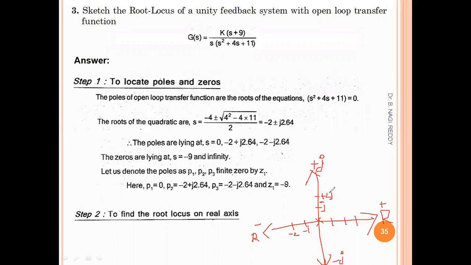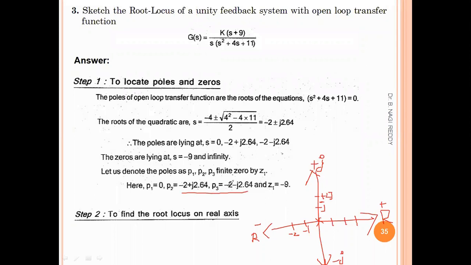Take an equal amount of scale on the x-axis as well as the y-axis. On the negative side also, please take it in the same way and mark P1, P2, P3 and Z1. So here we have two complex poles.